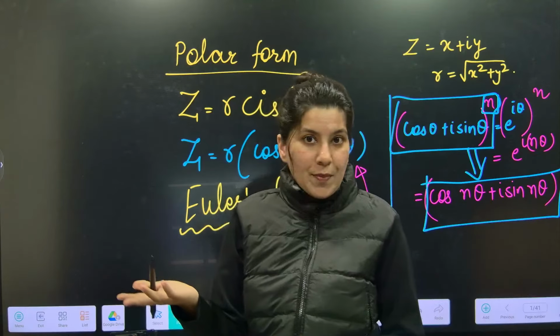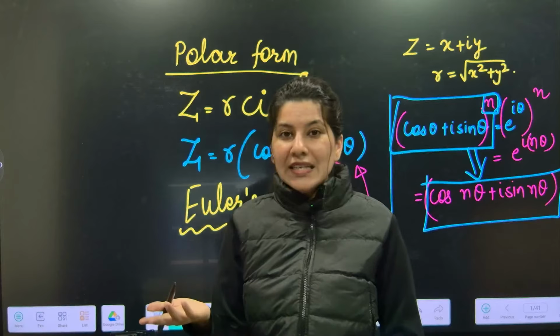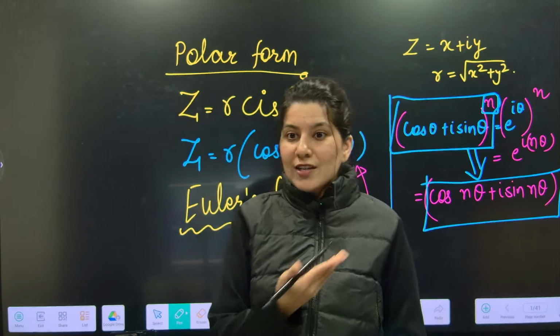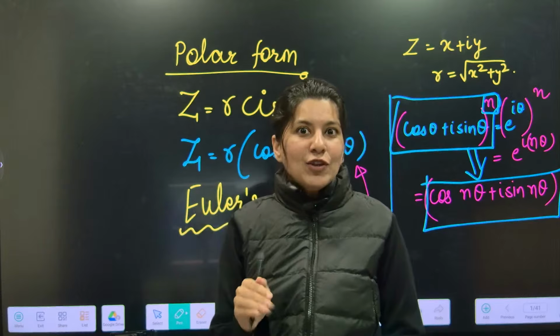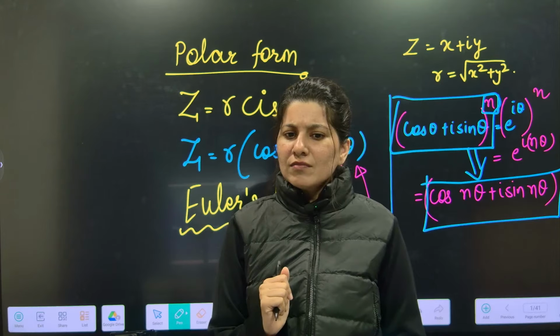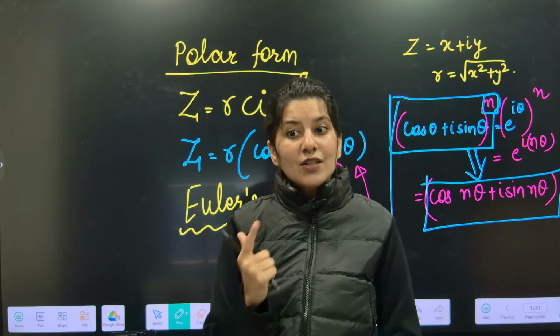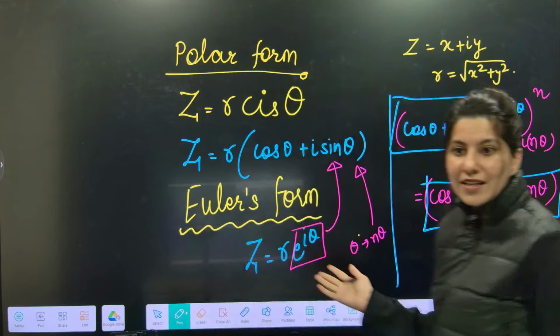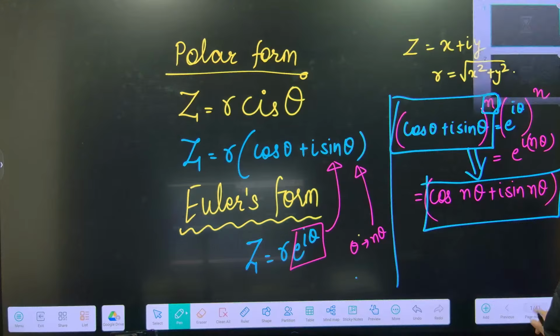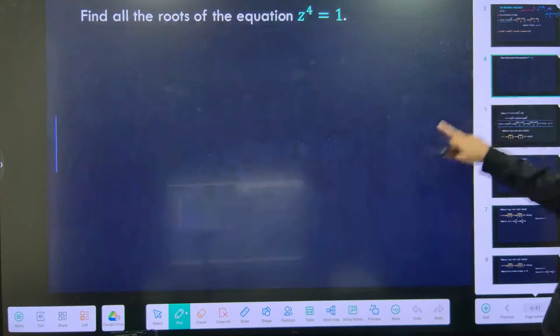It could be positive, it could be negative, an integer, a non-integer. So this holds true for every n. So why would it not hold true for a negative integer? This is a generic proof which is true for everything.